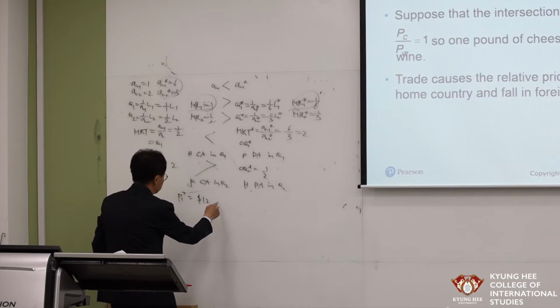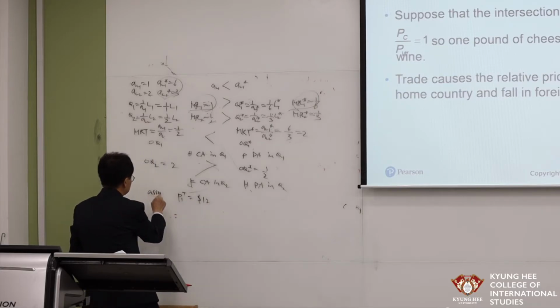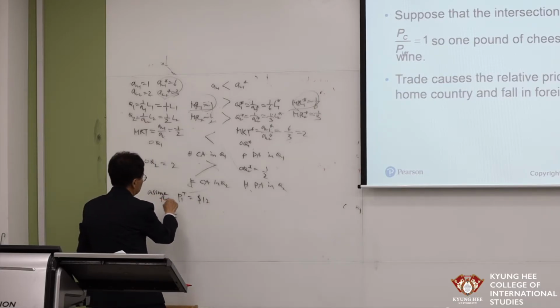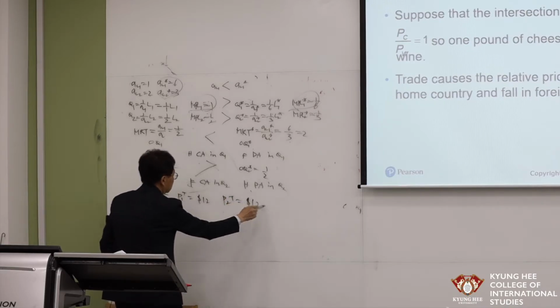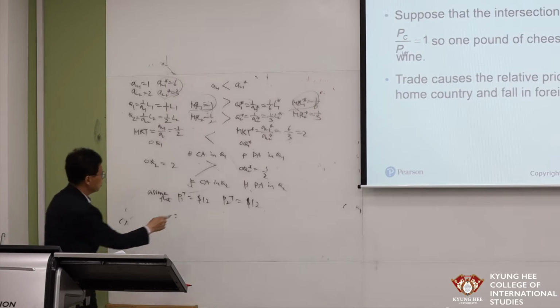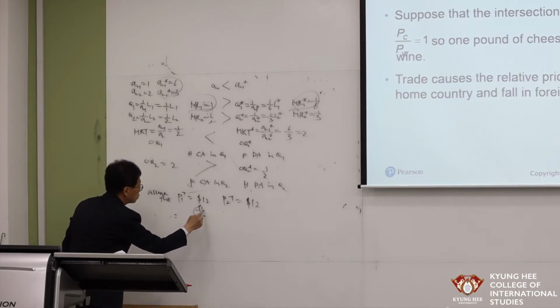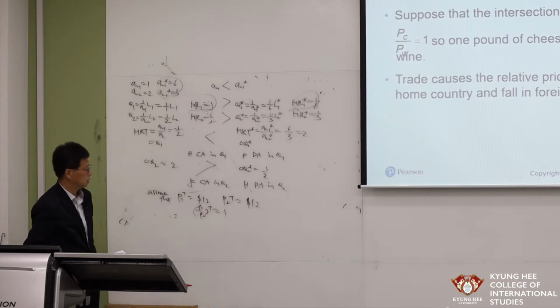And we assume that P2T is also $12. Right? Then P1 over P2 after trade should be equal to 1. Okay? We assume this.